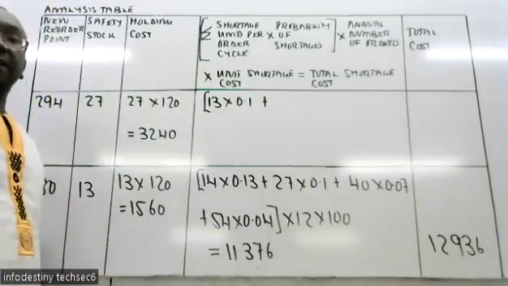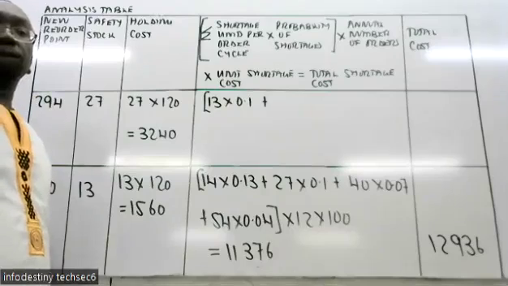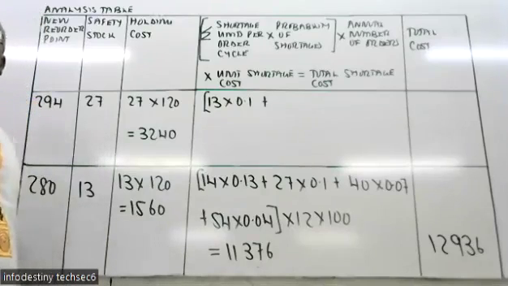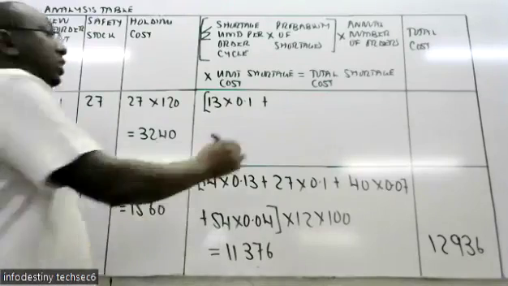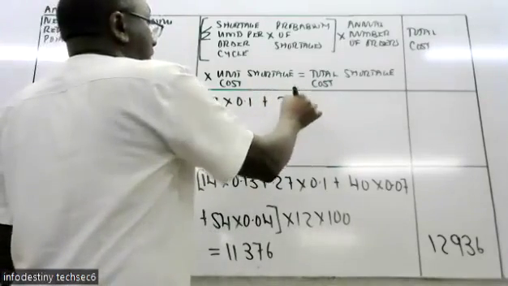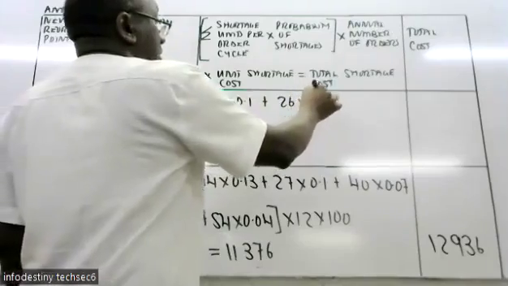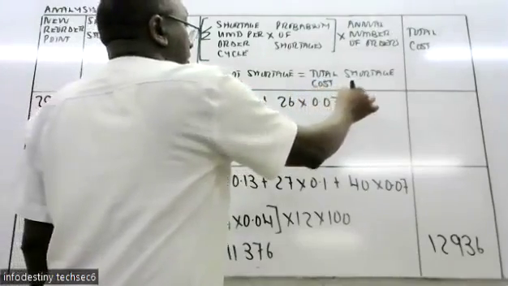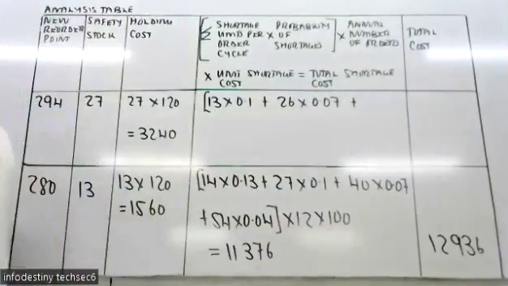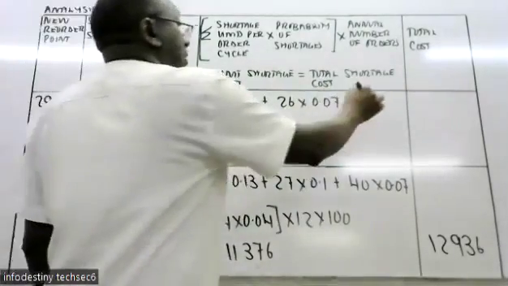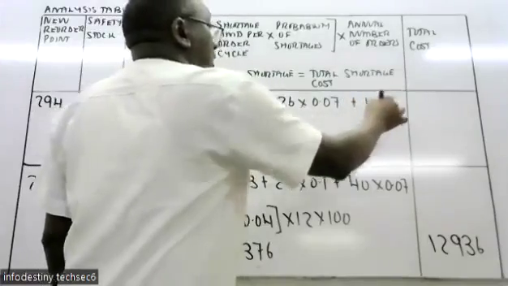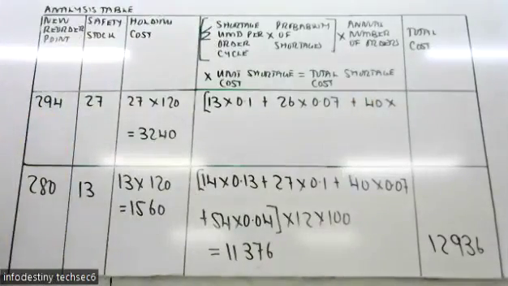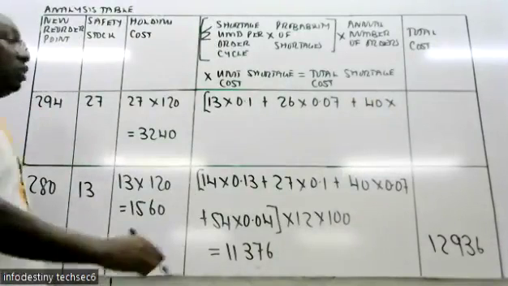Plus huyo mwingine umesema 26 with a probability of 0.07, plus huyo mwingine analeta 40 with a probability of 0.04.